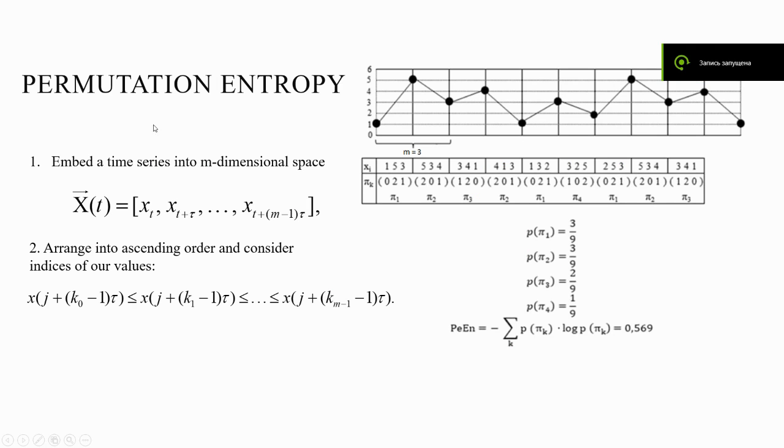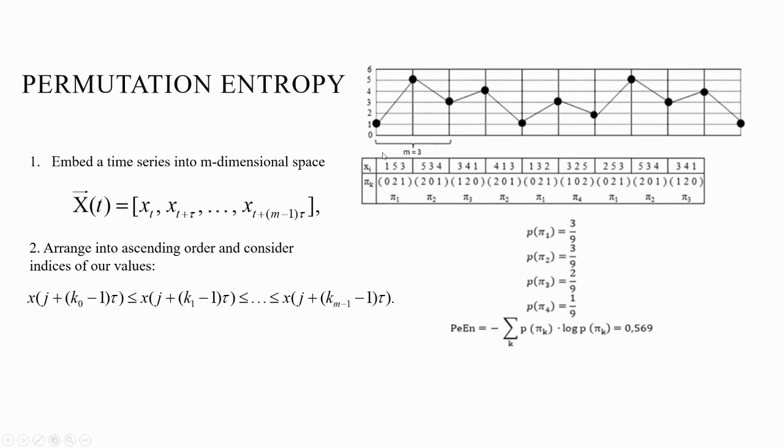So in permutation entropy, we also embed a time series into an m-dimensional space, and here we have some vectors x sub t, x sub t plus tau, and so on. The idea is to arrange these values into ascending order. So we sort these values and we keep the indices of the corresponding values.